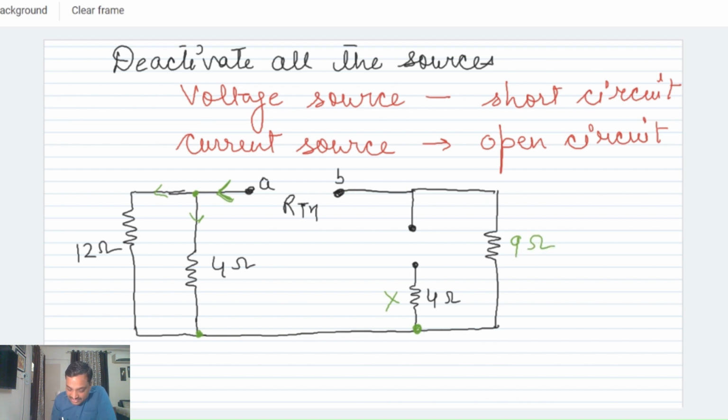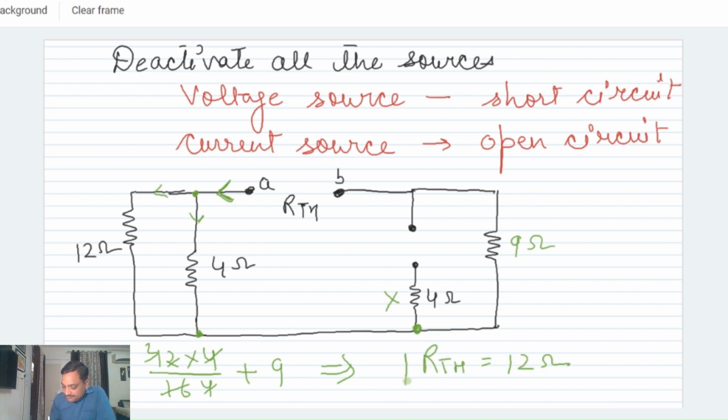So RTH for this network will be a 9 ohm resistor in series with the parallel combination of these two. That is 12 into 4 divided by 12 plus 4, that is 48 by 16, which is 3, plus 9. So RTH will be equal to 12 ohm.